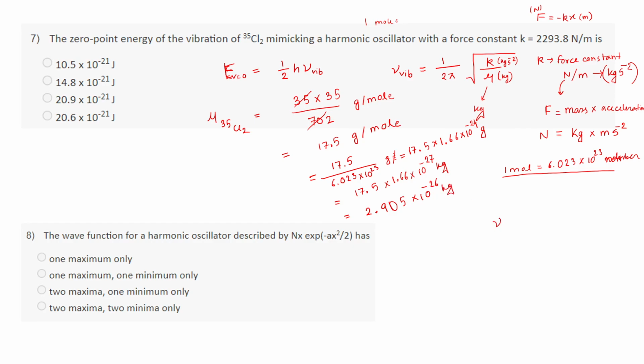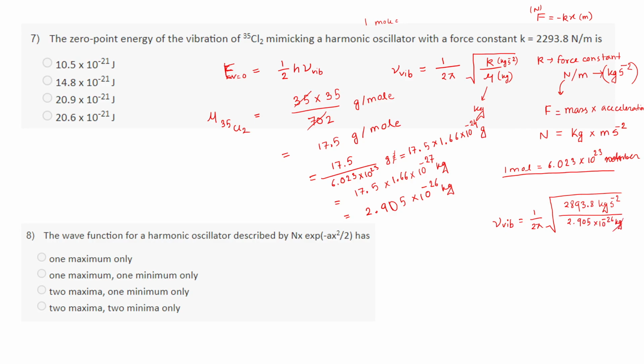Now I will get the vibrational frequency from here, that is 1 by 2 pi. It is already given that k is 2893.8, which I have boiled down to kg second to the power minus 2, Newton per meter, and mu is 2.905 into 10 to the power minus 26 kg.